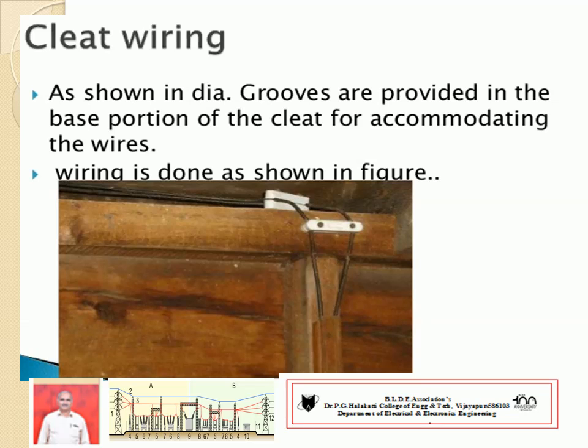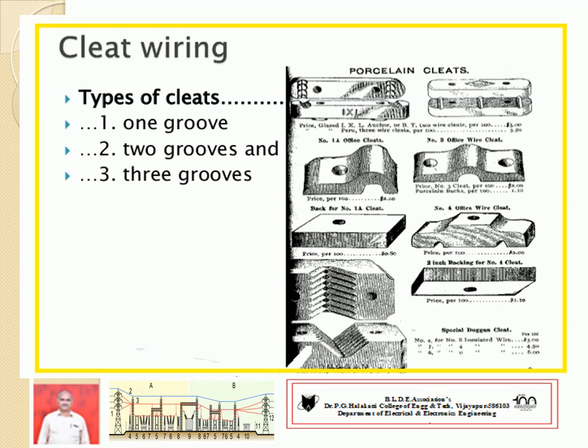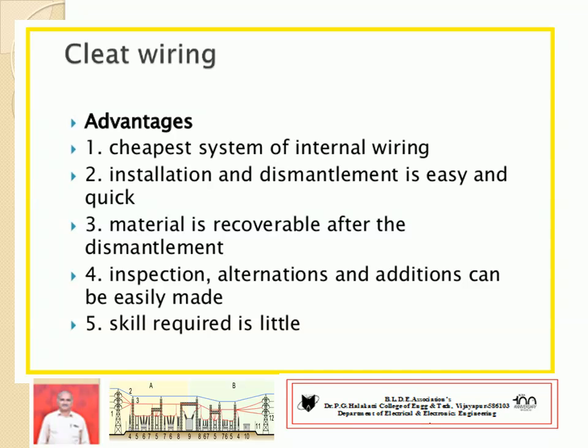See how the cleats are arranged. The types of cleats may be one groove, two grooves or three grooves, as shown in the diagrams. The advantages of cleat wiring are, it is one of the cheapest internal wirings, and after completion of the function, dismantlement is easy.